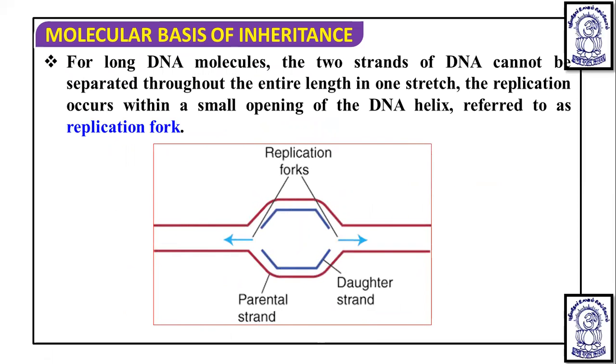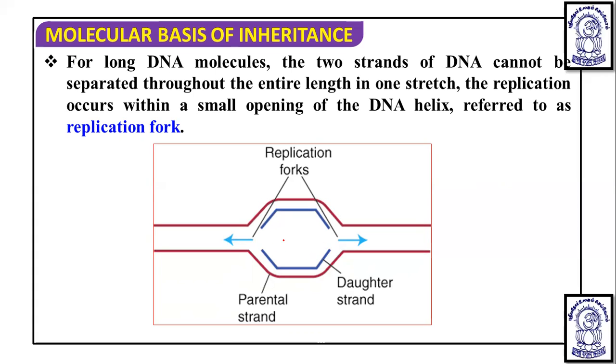The two strands of DNA cannot be separated throughout the entire length in one stretch; replication occurs within a small opening of the DNA helix, referred to as the replication fork. If this is a circular DNA, then bidirectional replication will occur, on this side and on this side also. Both these Y-shaped structures are known as replication forks.